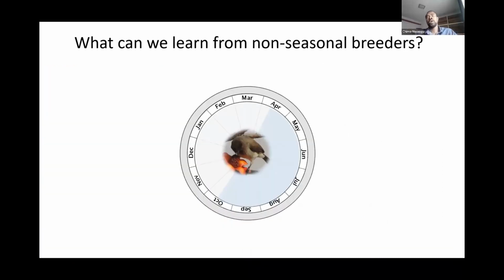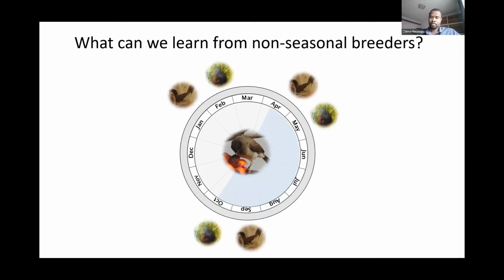So let's look at the annual cycle now properly. What do we stand to gain by studying birds that breed throughout the year? If breeding activities occur at different parts of the year, you are able to find birds in wet conditions, in dry conditions, and so you can actually test how these environmental conditions affect breeding.